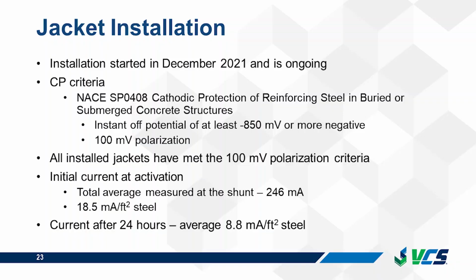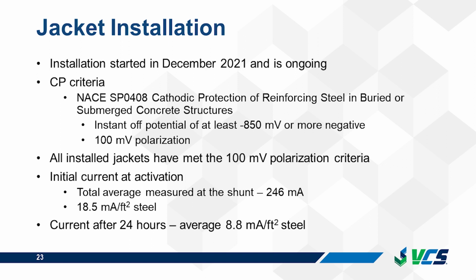So NACE says that you need either an instant off potential of at least negative 850 millivolts or more electronegative to achieve cathodic protection, or you need to have 100 millivolts of polarization. Based on our measurements, all the jackets so far have met the 100 millivolt polarization criteria.